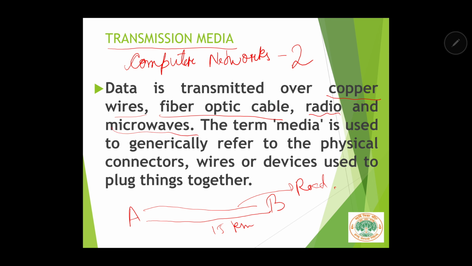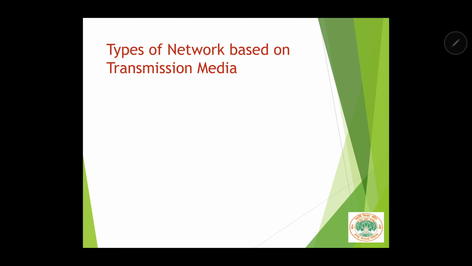Copper wires, fiber optic cables, twisted pair cable, these come under wired media, and radio waves and microwaves come under wireless media. So the term media is used to generically refer to the physical connectors, wires or devices used to plug things together. From now on, whenever I use the word transmission media, you should know that I am referring to the different types of path through which these signals will travel.